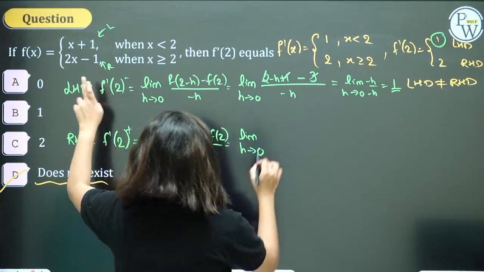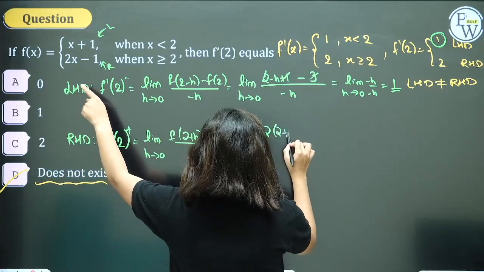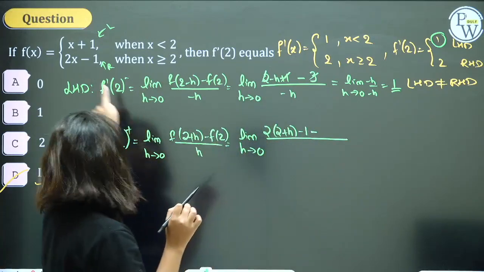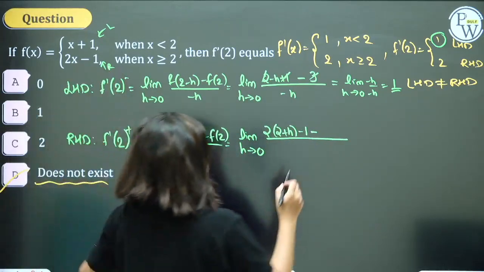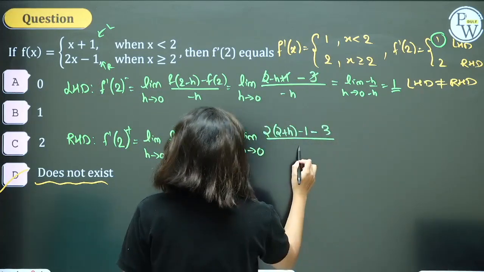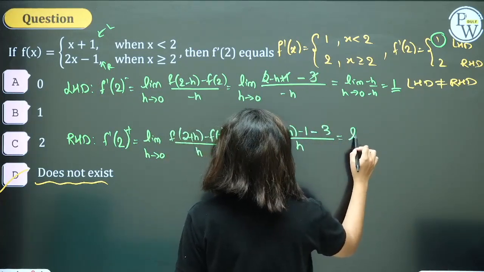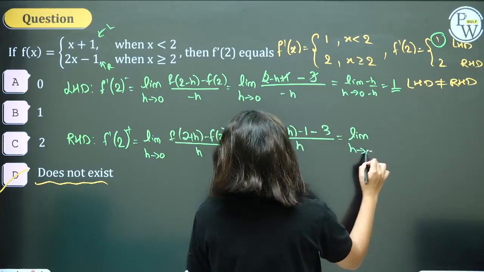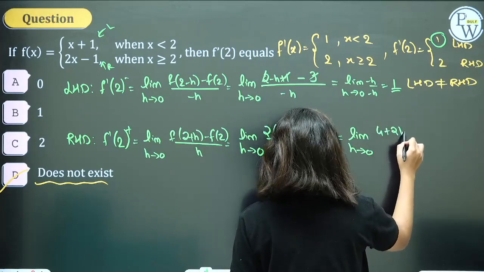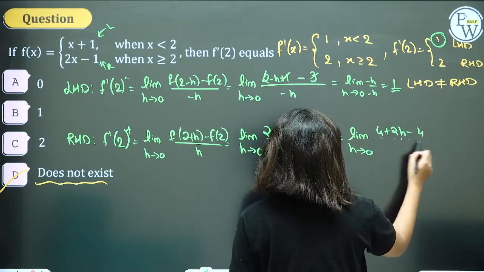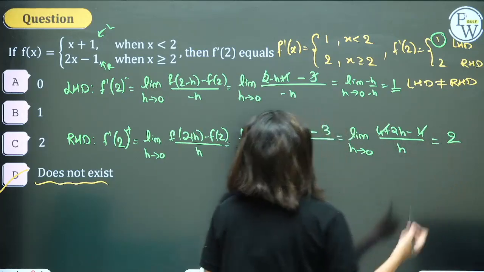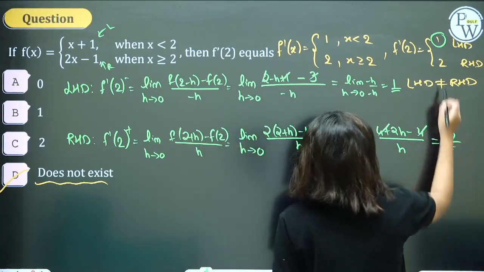So 2 times 2 plus h minus 1 minus f of 2 means in the same function put x as 2. And we just saw here 2 2s are 4 minus 1, 3 is what we are getting upon plus h. Simplify. Limit h tends to 0. 2 2s are 4 plus 2h minus 1 minus 3 is minus 4 upon h. 2h upon h will be equal to 2. That's what we also got.